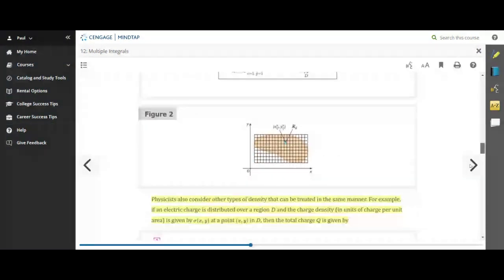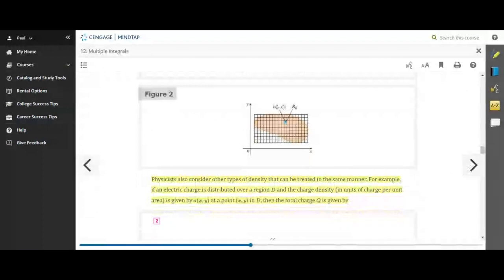And what we're interested in, of course, is in figure 2 here. If we wanted to find the mass of that lamina, we would have to compute the density at each little point on the lamina, and they break up the lamina into a grid with rectangular regions. To find the total mass of this region in figure 2, we'd have to find the mass for each of the little subrectangles.